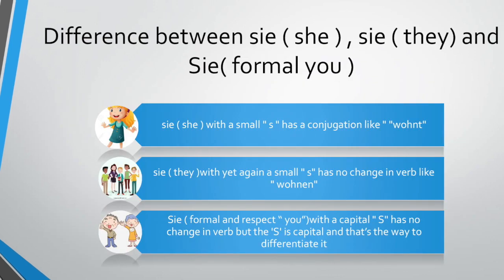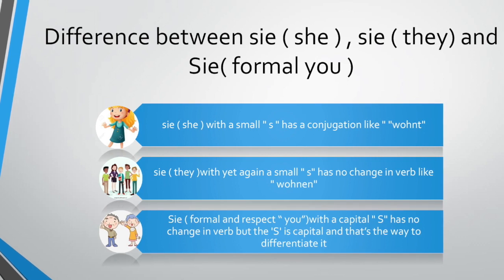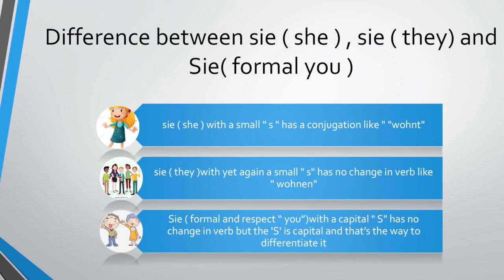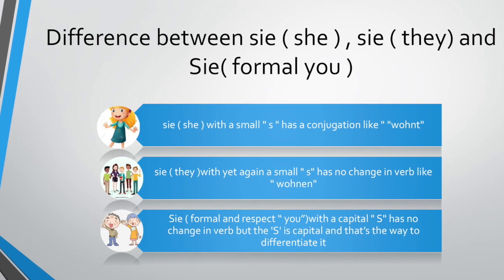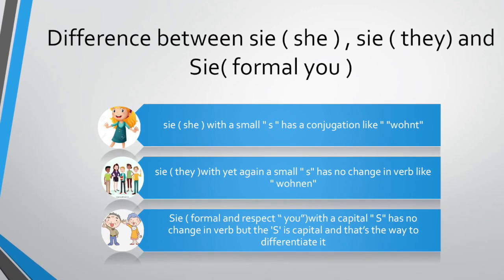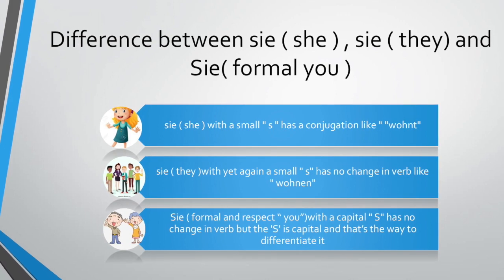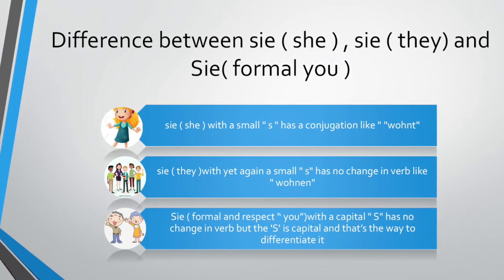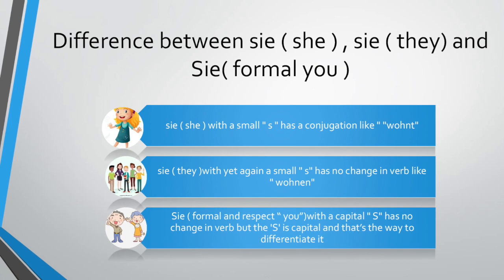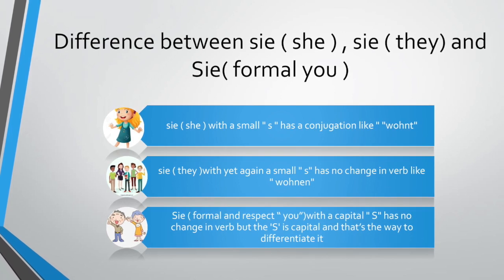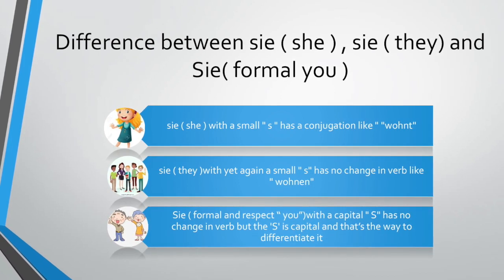Now comes the most awaited answer. The difference between the three sie's. So the first sie, with a small s, meaning she, has a conjugation like wohnt, the wohnen verb, and the conjugation is wohnt. The next sie, meaning they, again with a small s, has no change in the verb. The wohnen will remain the same.